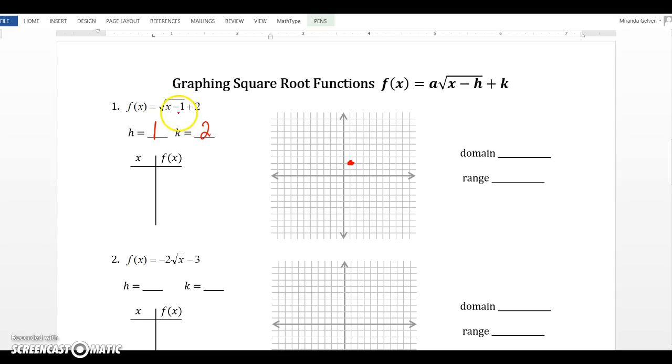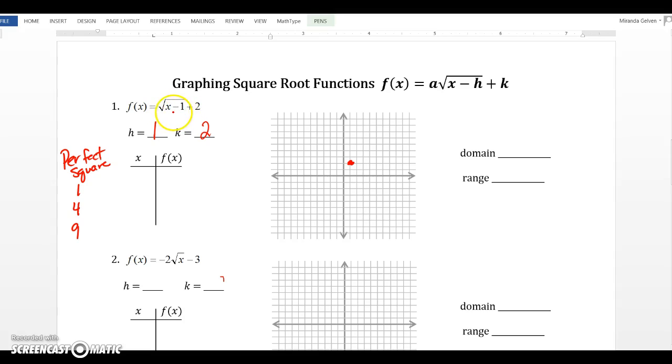Now I want to pick one or two more points for x that will make a perfect square under the radical. So a reminder, perfect squares are 1, 4, 9, and so on. After those few, we get off our coordinate plane. So how could I make a 1 underneath the radical?